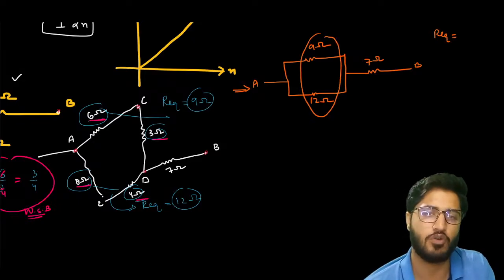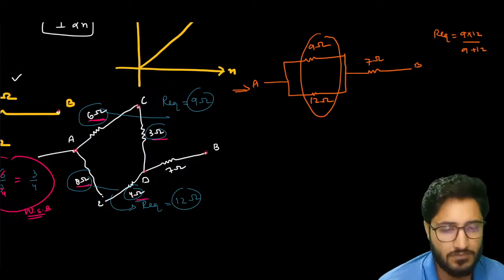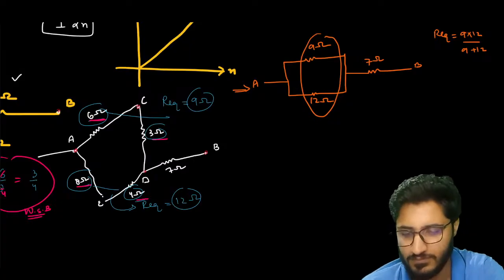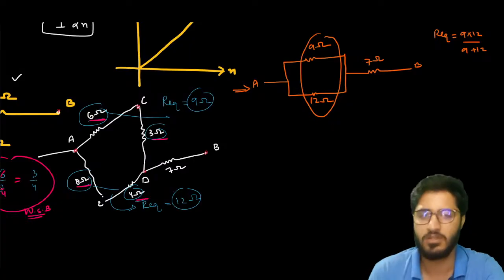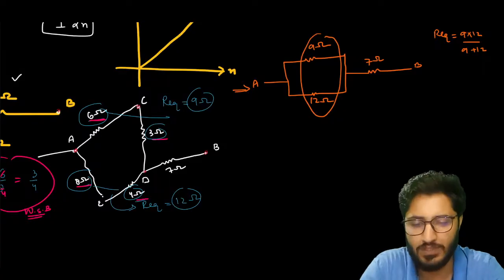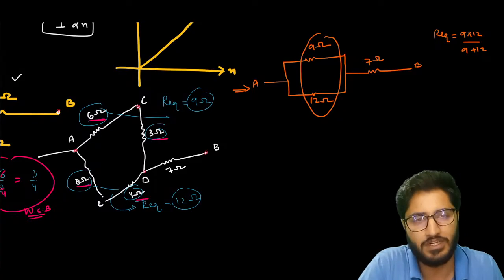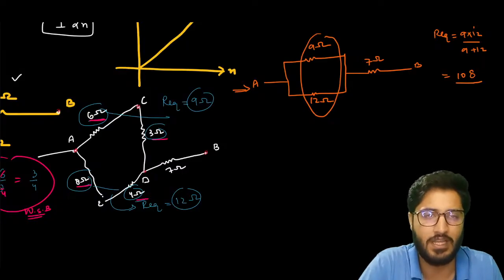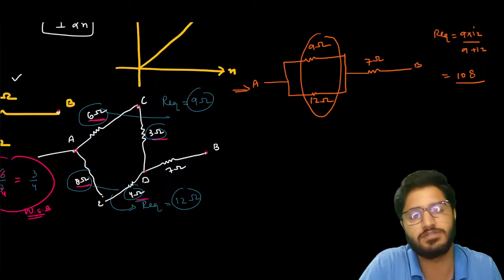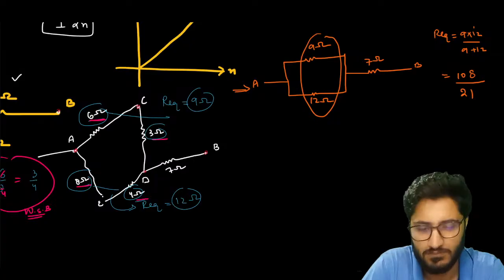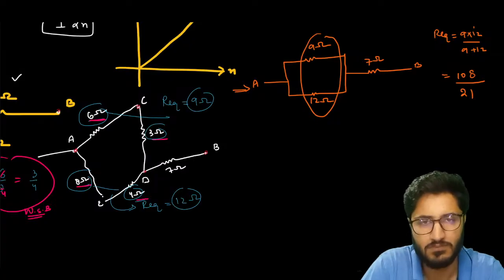R equivalent came out to be 9 into 12 divided by 9 plus 12. So what is 9 into 12? It is 108 divided by 21.